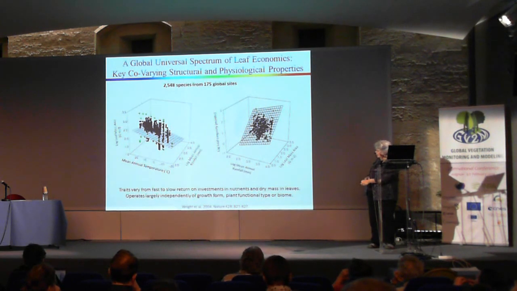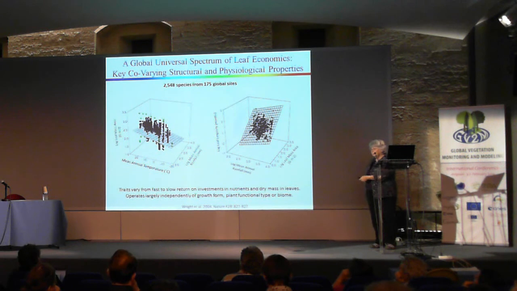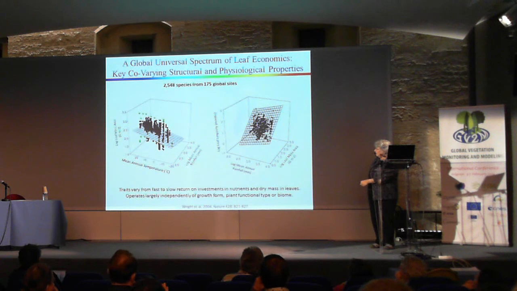And what this paper by Ian Wright et al. showed was that there were very strong relationships between temperature and rainfall, and here the leaf longevity. So that would go from leaves that are deciduous and just last for a short period of months to leaves that last a year or multiple years.